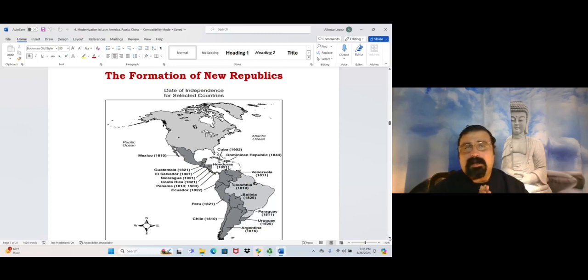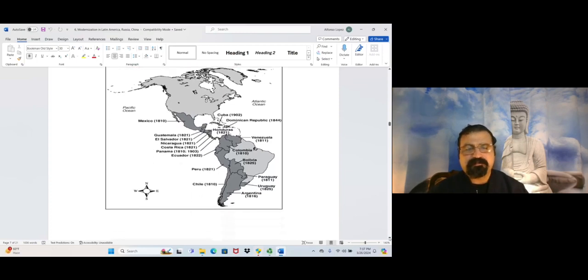And really, it belonged to the Creole class, the Creoles. Again, those were Spaniards born in America that are now in charge of the Latin American countries that they created out of the revolution, in other words. So they won the revolution, and now they're leading the new countries that they have established.